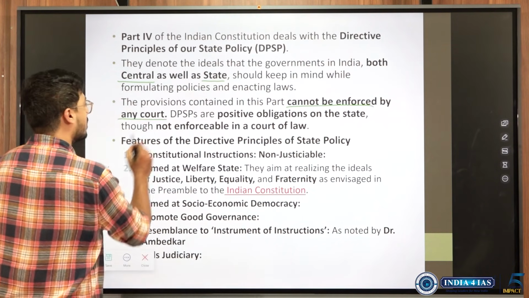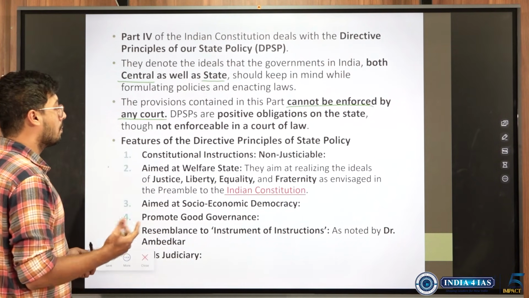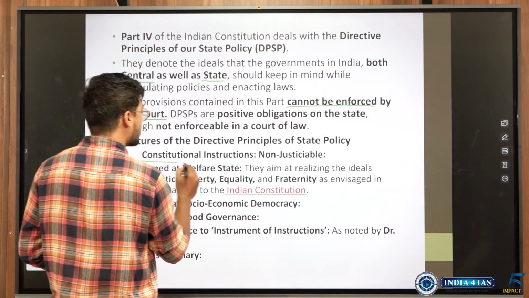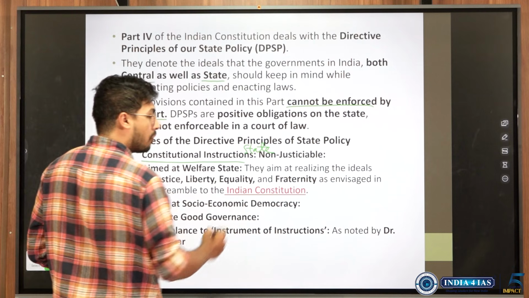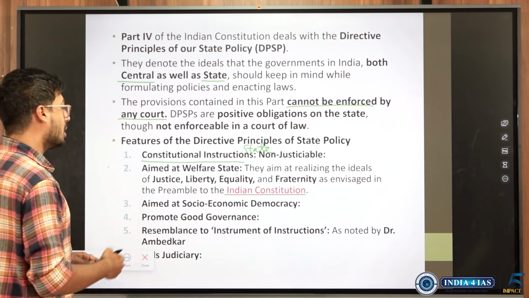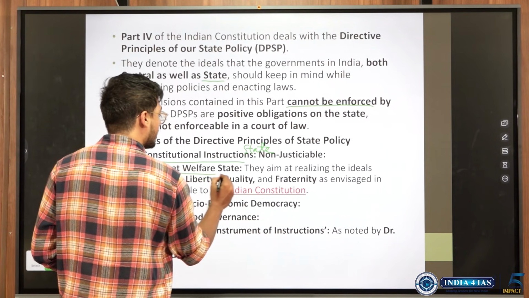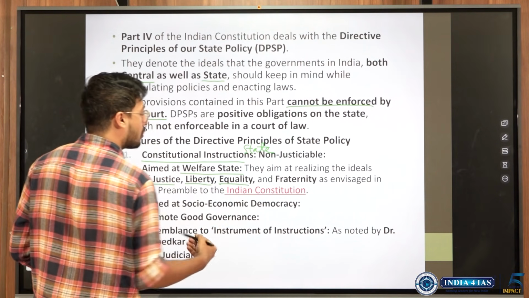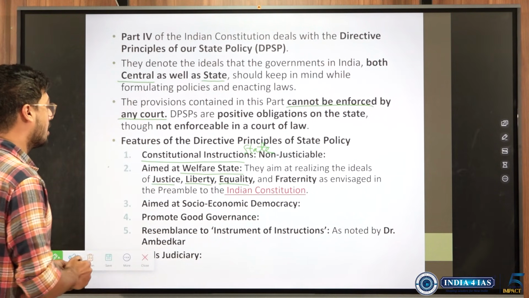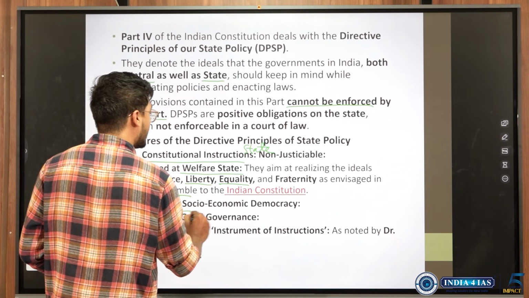This is also correct. So what do they bring in? See, these are constitutional instructions to the state to ensure the welfare of its citizens. So it makes the character of the Indian state a welfare state: justice, liberty, equality, fraternity, through these principles. And they are aimed at socio-economic democracy.